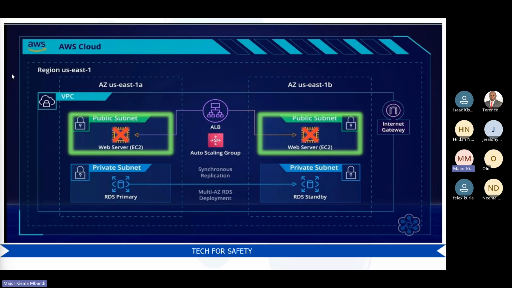So you can see here, if it is just the instance that was experiencing an outage in the first availability zone 1A, the auto-scaling group can come in handy and launch another instance and terminate the faulty instance.